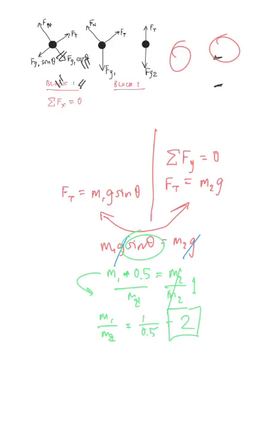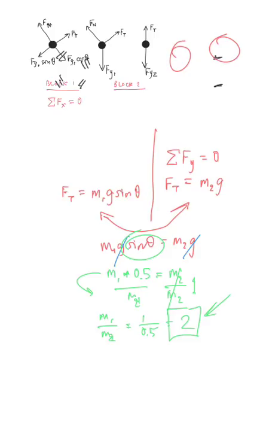And part D, now suppose the ramp is not frictionless. So if the ratio of masses is slightly higher than determined by this number right here, so let's say it's like, I don't know, 2.1, would the frictional force on block 1 be directed up or down the ramp in order to keep the system in equilibrium?